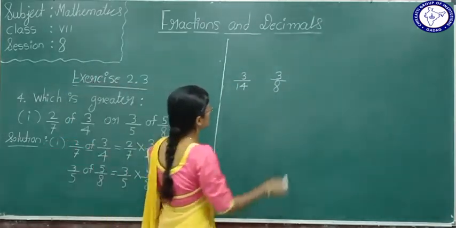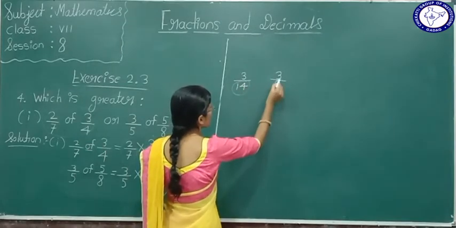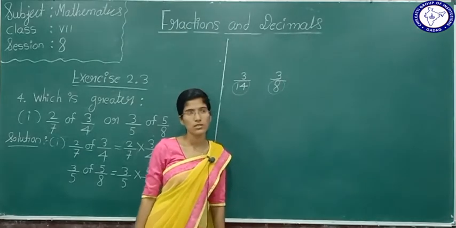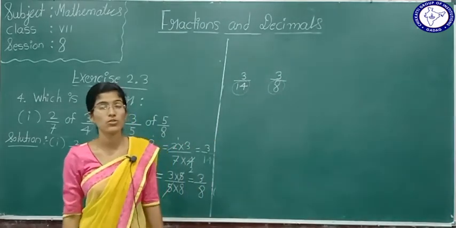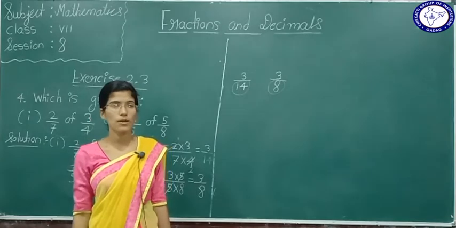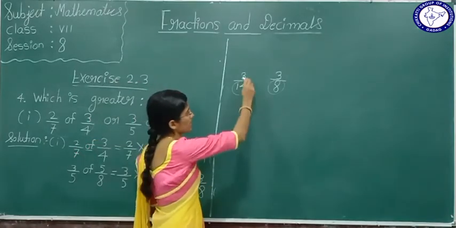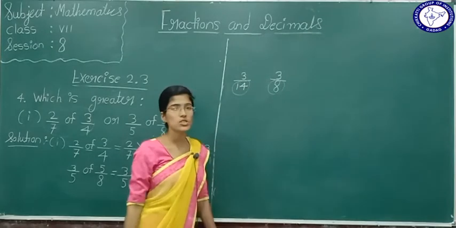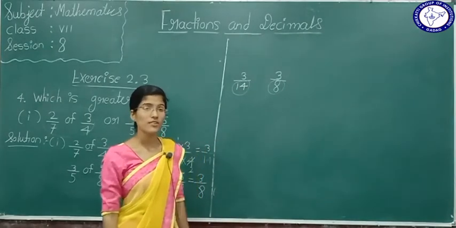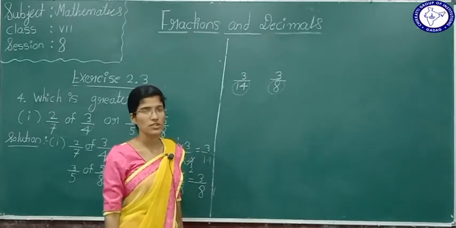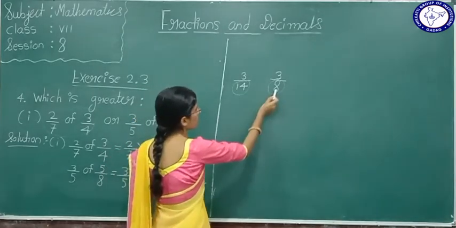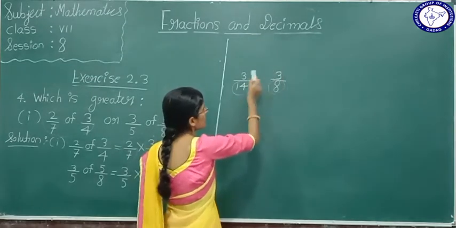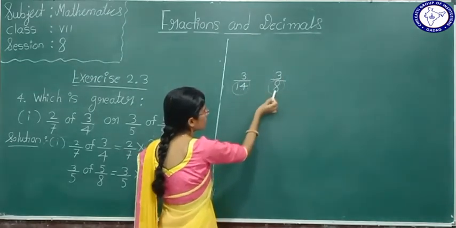So what we will do is, now we will compare the denominators. You have learnt in your 6th standard how to compare fractions. How to compare? See, if numerators are same, we have to compare the denominators. In denominators, which is the smaller number, that fraction is the bigger fraction. Now see, which is the smaller number? 8. I am speaking of the denominator, okay, because the numerators are the same. In denominator, which is the smaller number? 8.